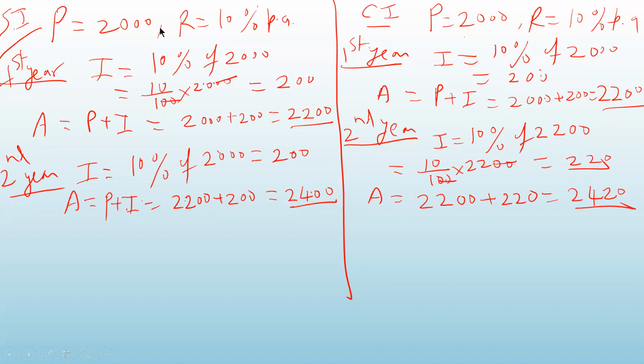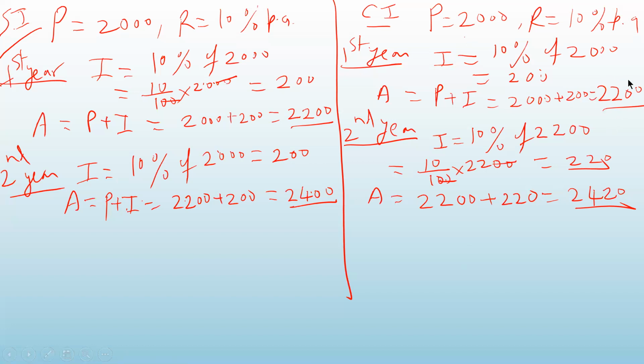Look at the amount. If you are calculating by the simple interest method, then in the second year, the amount you get is 2400 for the same principal, 2000. And if the interest is calculated using compound interest, then the amount in the second year is 2420, 20 rupees more. So you are getting more amount if the calculation is done using compound interest, because the interest is calculated not on the initial principal, but on the amount of the previous year.